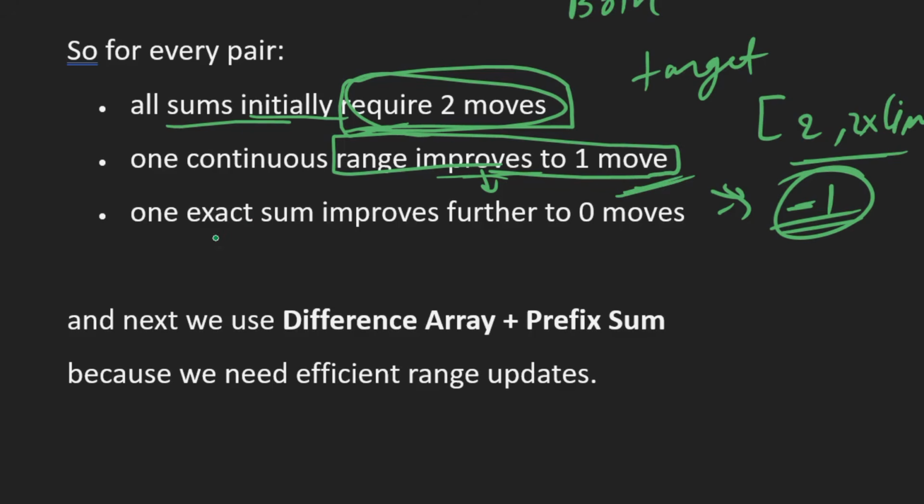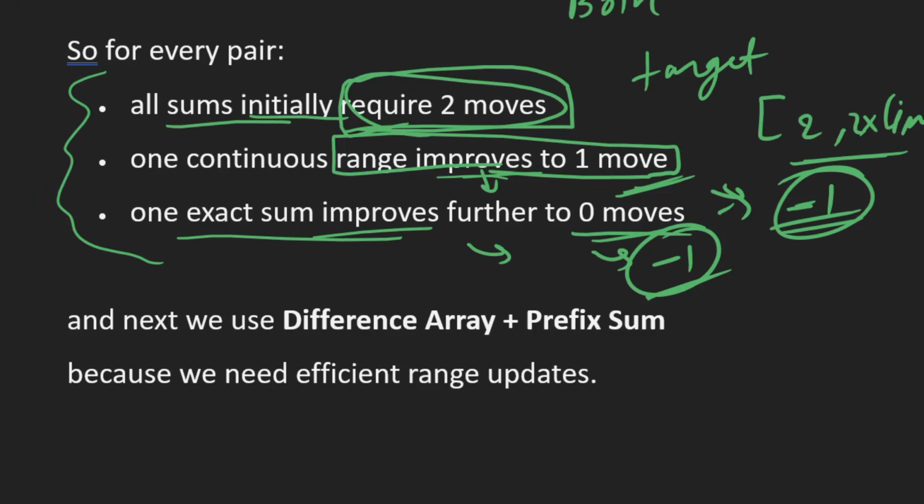And then the third case, the exact sum, also does not require any move, so that requires 0 moves, so again we subtract 1 for that also, right? And to handle these range updates, we use a difference array.